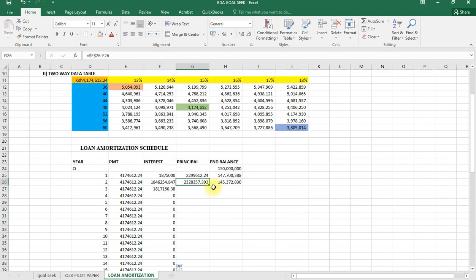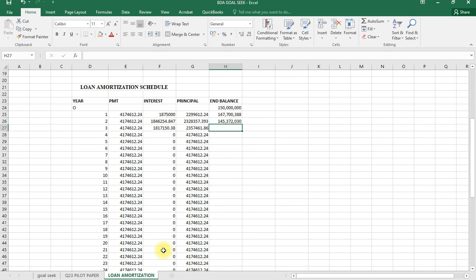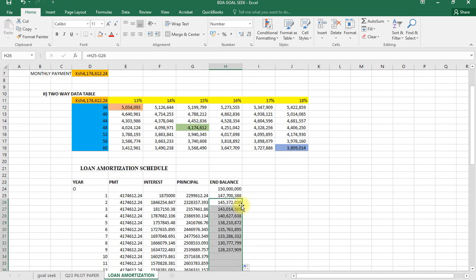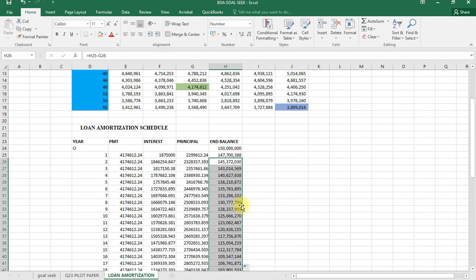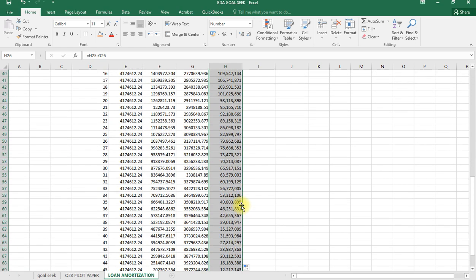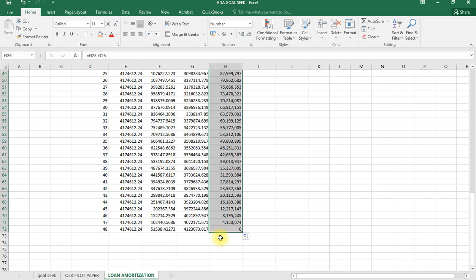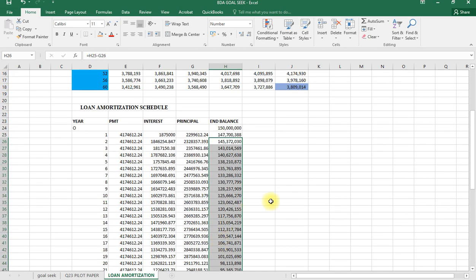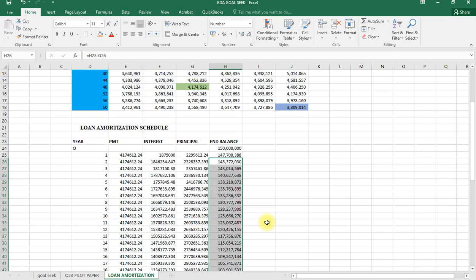The same with this one, you can autofill that. And when you autofill this, automatically this will fill itself here. You autofill, and automatically you get your values, and the value here will be 0. And that's how you create your loan amortization schedule.